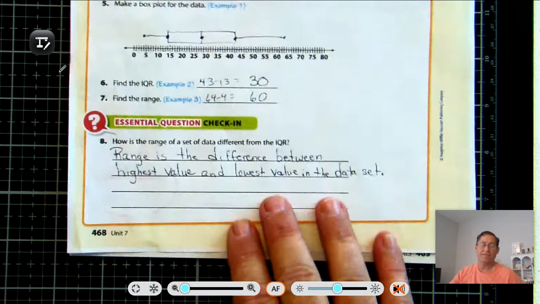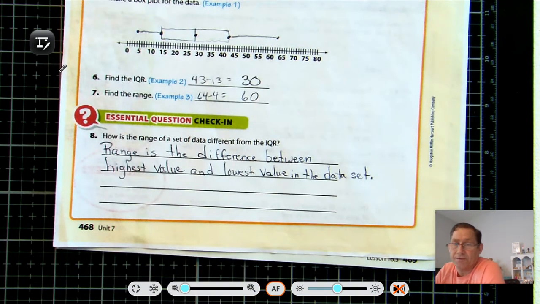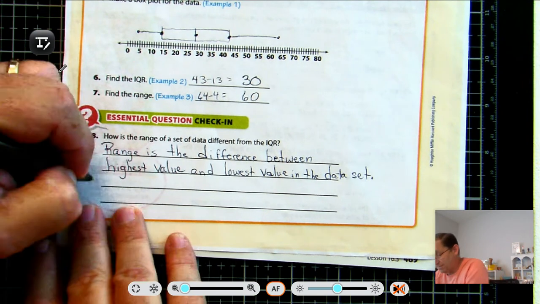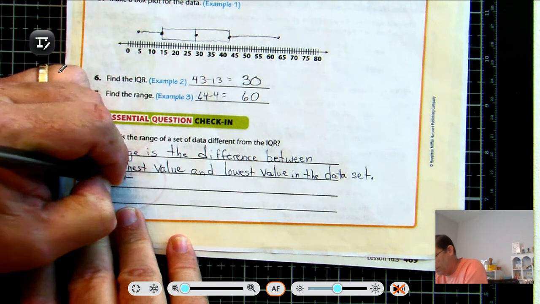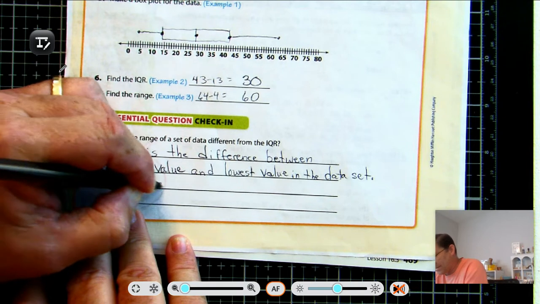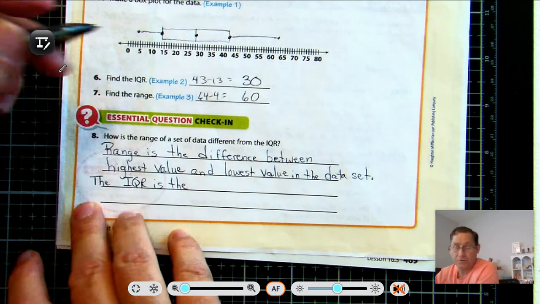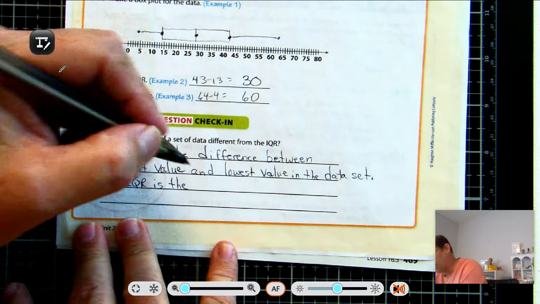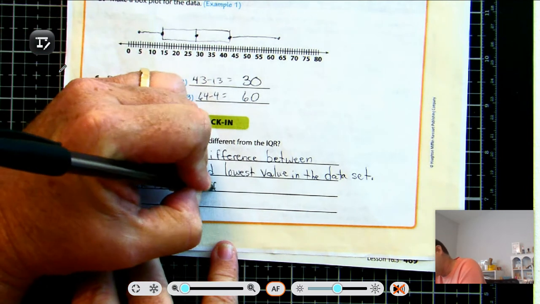So range is the difference between the highest value and the lowest value in the data set. And the interquartile range, or the IQR, is the difference between the upper and lower quartiles.